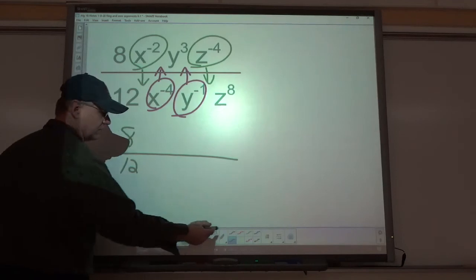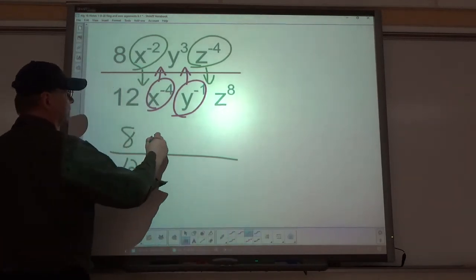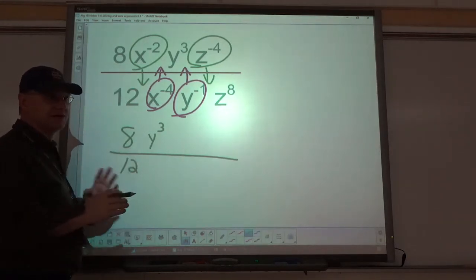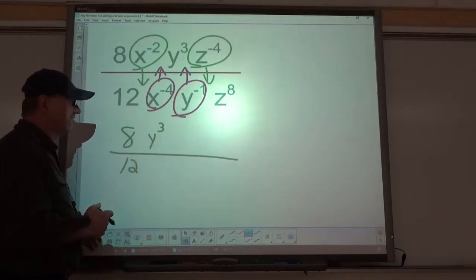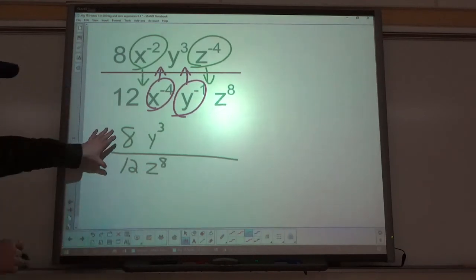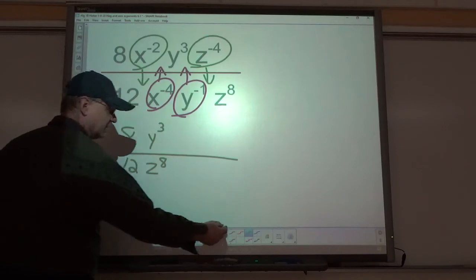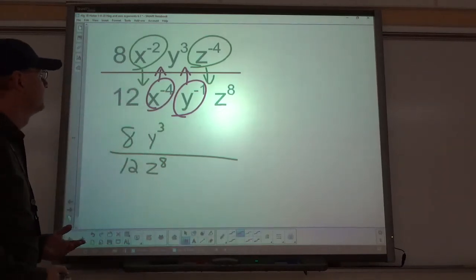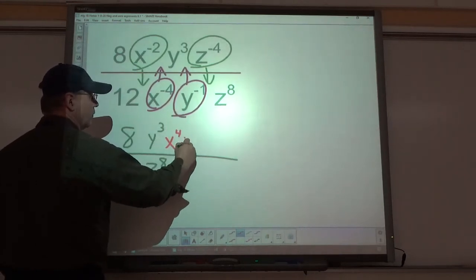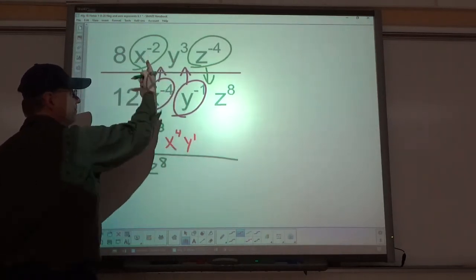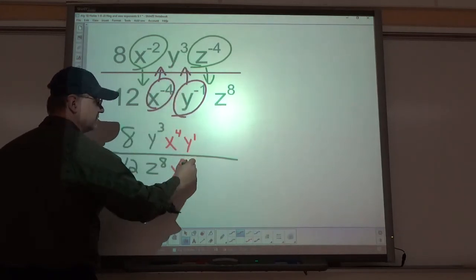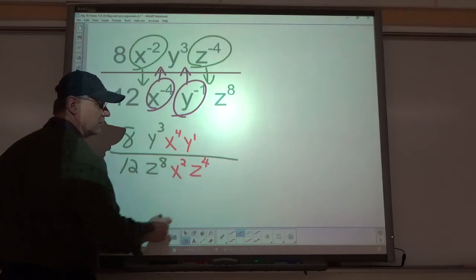I'm going to rewrite, let's see. I'm going to put the y to the 3rd that didn't move. I know this might be a little out of alphabetic order. We can fix that afterward. And the z to the 8 that didn't move. So that's all that didn't move. The stuff that did move is x became positive 4 on top, y became positive 1 on top, x to the positive 2 on bottom, z a positive 4 on bottom.